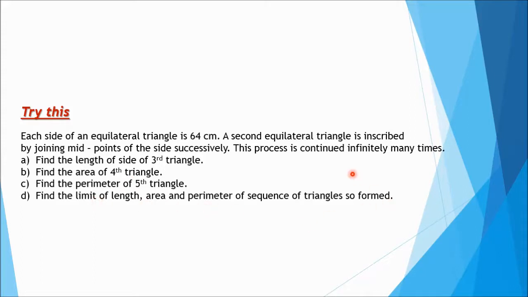Now again, we will study a very interesting topic, limit on sequence of figures, on the same topic, different part on the same formula. We are going to find a formula to find the length of inscribed square drawn by joining the midpoint of sides successively.